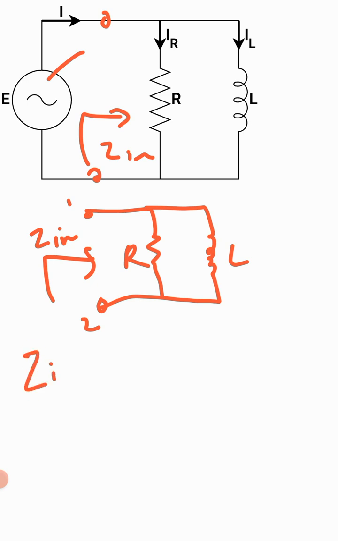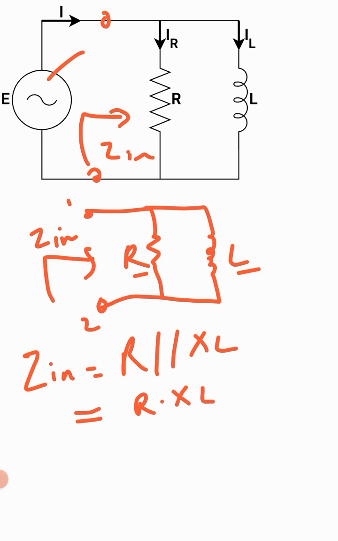So Z in can be written as a parallel combination of R and L, so the resistance of a resistor in parallel with the reactance of an inductor. So it would be R times XL divided by R plus XL.